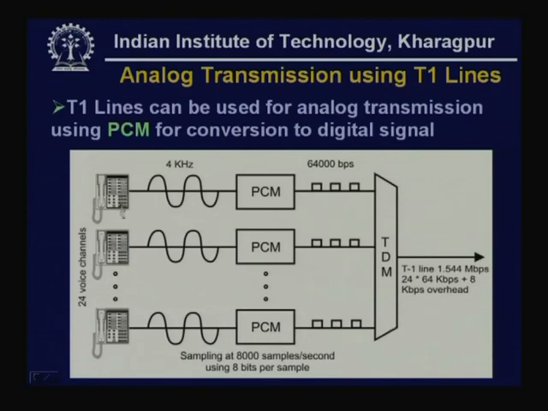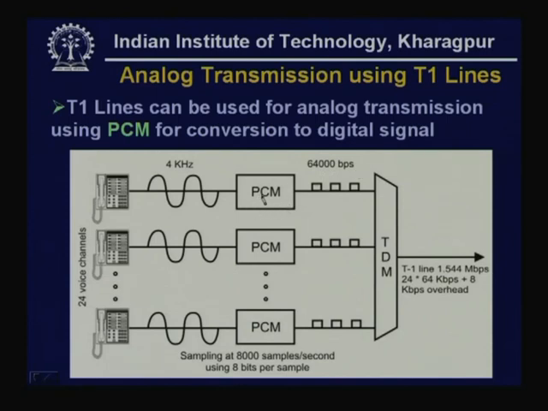Here, as you can see, 24 voice channels are combined to form one T1 line, and each voice channel of 4 kilohertz is converted to 64 kilobits per second using pulse code modulation technology.